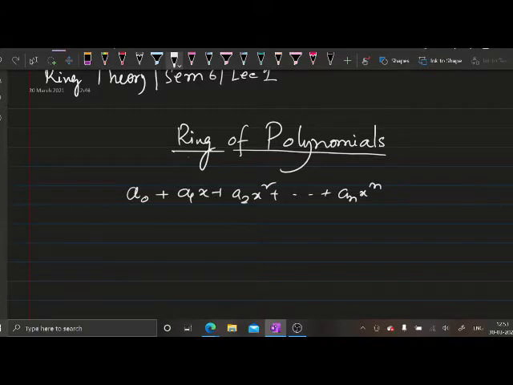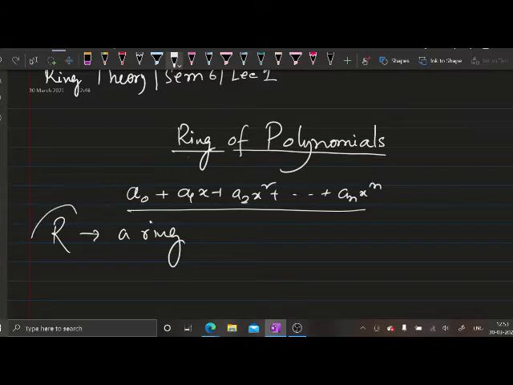But in general, if you consider a ring R, and if you want to write this expression in terms of the coefficients a0, a1, a2, an, which will be taken from the ring R. So you consider a polynomial in X with coefficients in the ring capital R, where this n is a non-negative integer, and the coefficients ai's have been taken from the ring R.